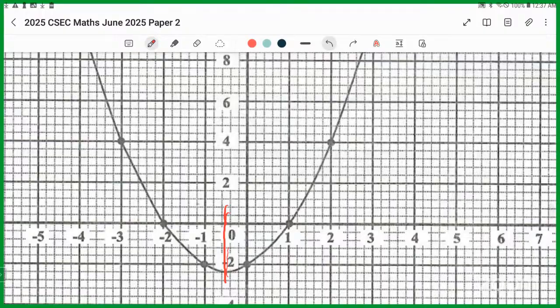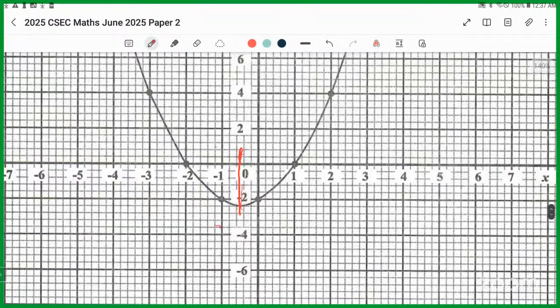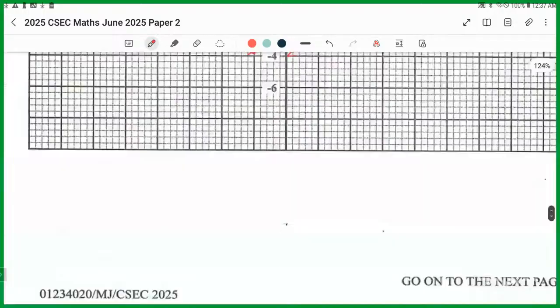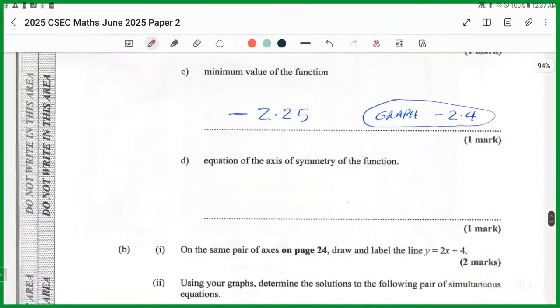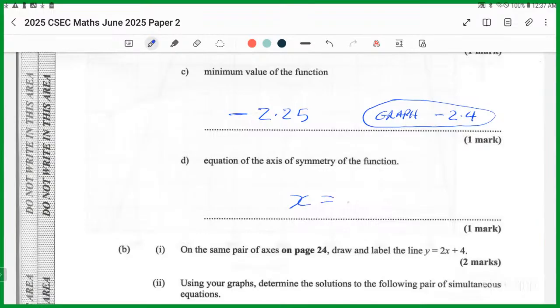I think it is negative 0.5, negative a half. x equals minus half. That is it. So I have written the equation: x equals minus half, minus 0.5.